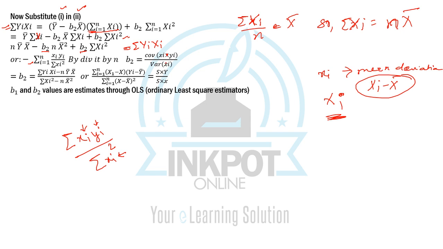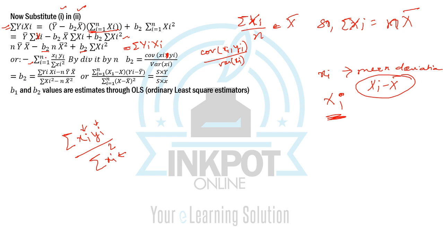So sorry, this is not multiplication, this is comma. So this is basically covariance of xi and yi. So covariance of xi comma yi divided by variance of xi.